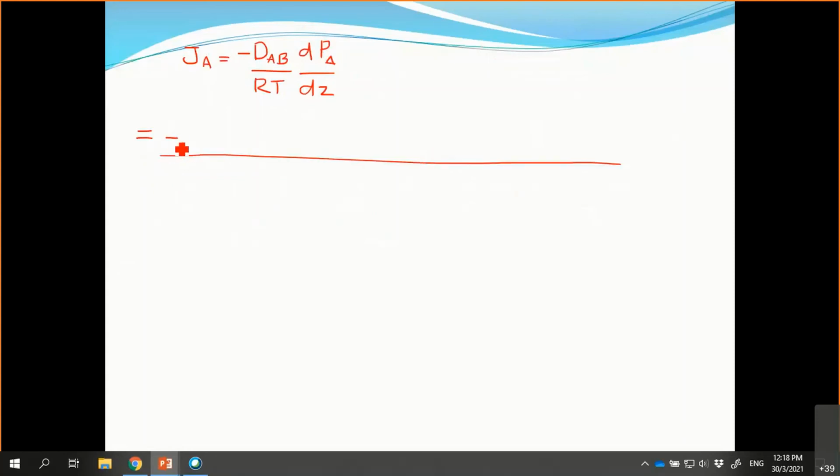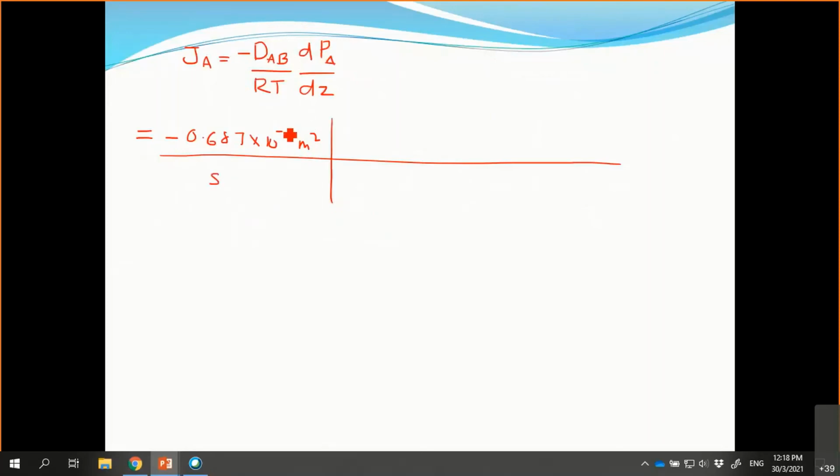Okay, so now I want to use my second equation. So I write here again the general formula. NA is equal to negative DAB dPA over RT dz, right? And when I substitute all the values, I have a negative sign here, negative 0.687 times 10 to the power of negative 4 meter squared per second.